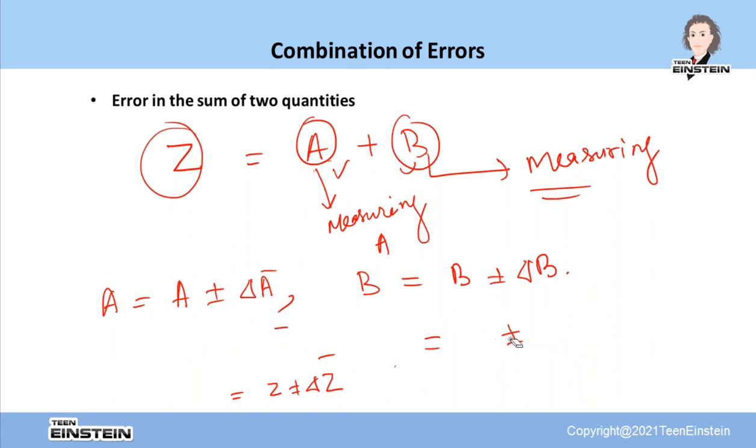Just a minute. See, z, suppose it has error plus or minus delta z. I'm not putting the bar, I'll just remove the bar.